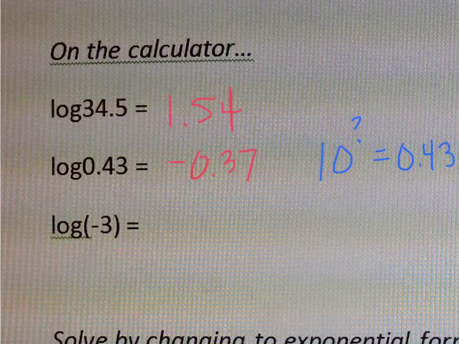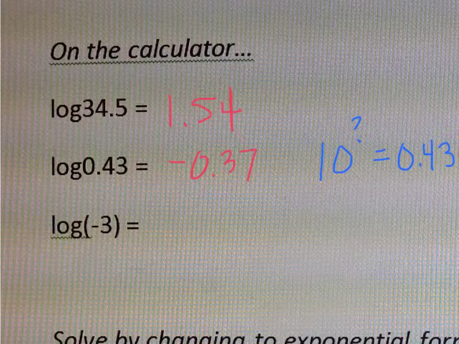Well, if we're going to raise a number like 10 to some exponent, in order to get a number less than 1, we're going to have a negative exponent. We saw that in our very first set of examples, 5 to the negative 2 gives us 1 over 25. It's a similar situation here. So even though you wouldn't have known that it was negative 0.37, we could have guessed that it would be negative just based on what we're taking the log of and looking at that exponential form.